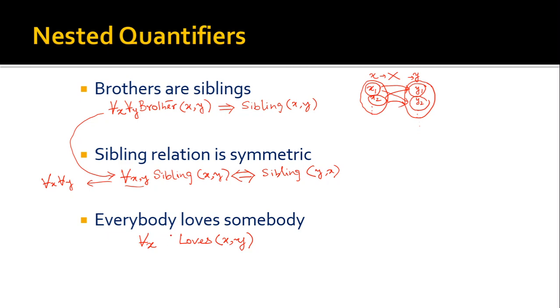To model some, we say that there exists y. If you have one x, that person loves at least one person. This one person can be anyone, given which person you are selecting as x. So it encodes that everybody loves somebody.